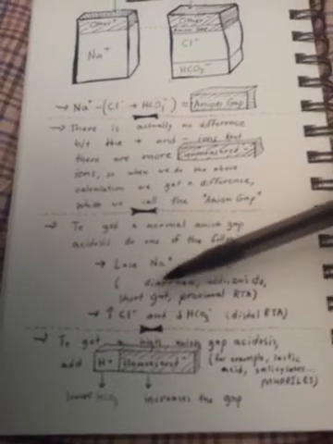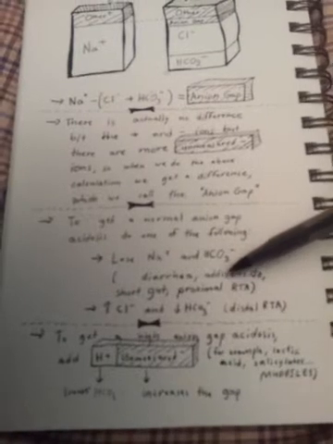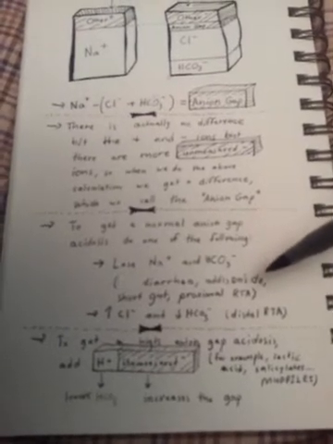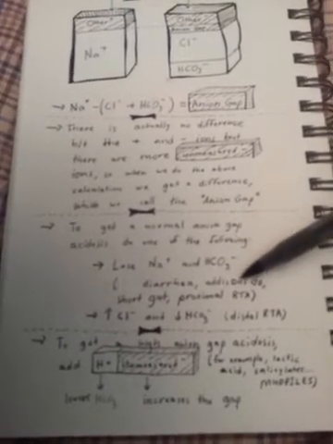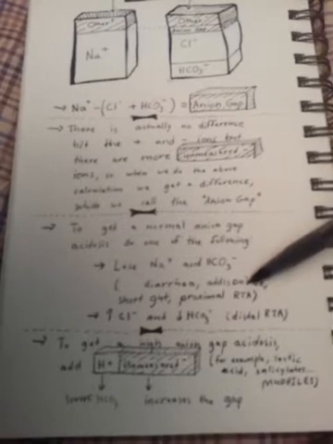So how do we get that? We lose both sodium and bicarbonate, and that happens in diarrhea because that fluid has a lot of sodium and a lot of bicarbonate. Addison's disease is an interesting one. In Addison's disease, there's not enough aldosterone, because aldosterone is made by the adrenal gland.